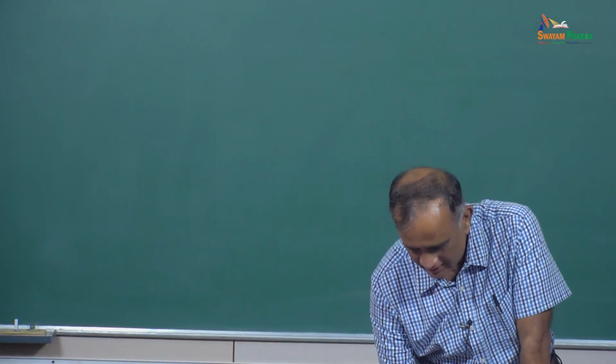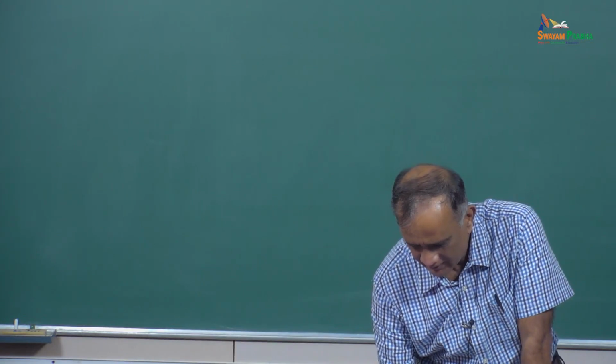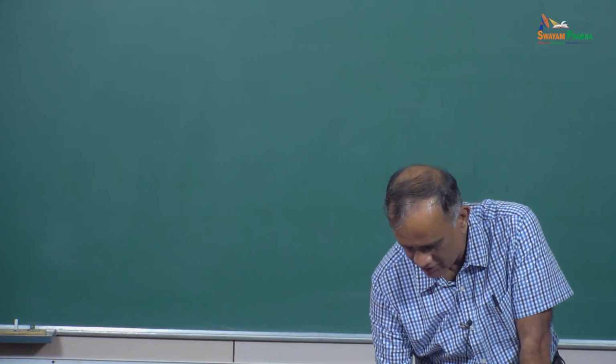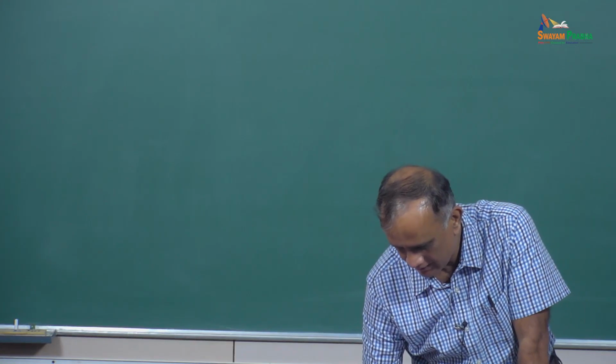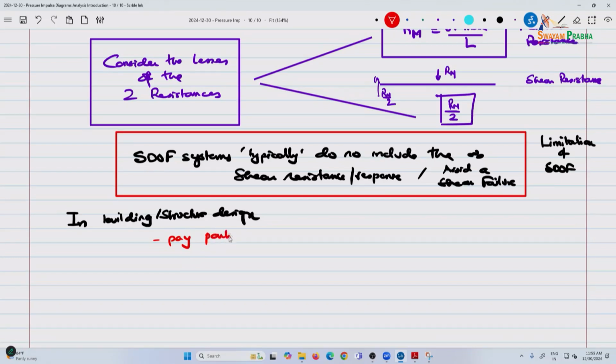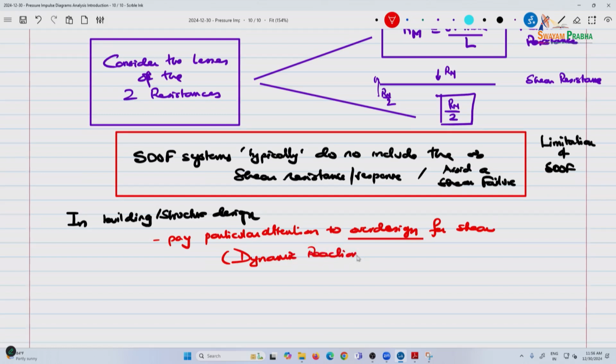In any building or any structure design, pay particular attention to over design for shear, and that is why dynamic reactions. What is the shear? Dynamic reactions come into play.